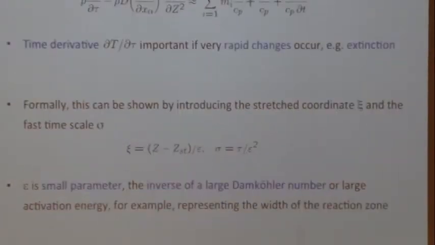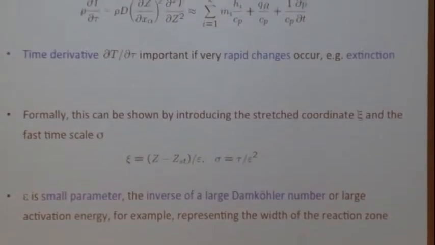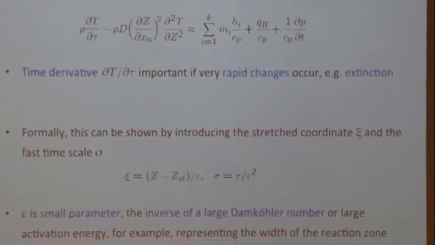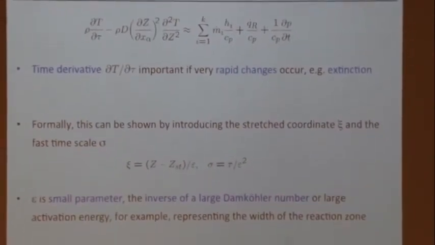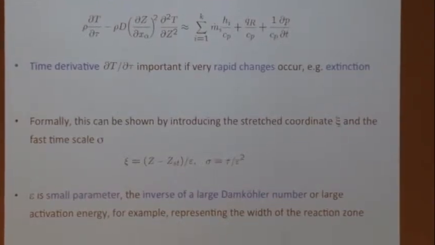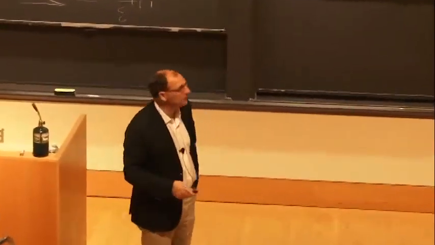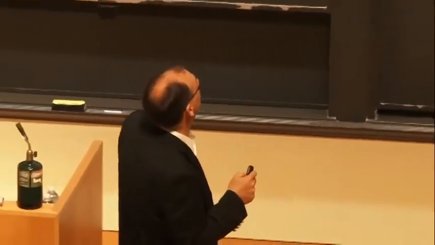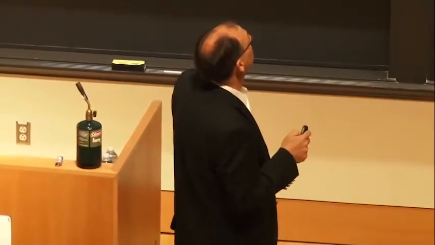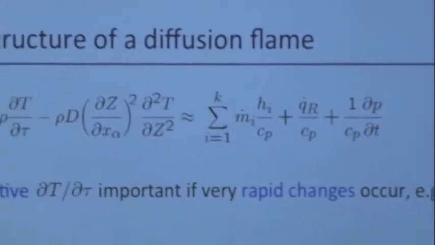So the time derivative here, that's important. Anytime you have slow processes, like radiation is a slow process, pollutant formation is a slow process, then you need this time-dependent term. But, you know, very often, this time-dependent term here is also very small.